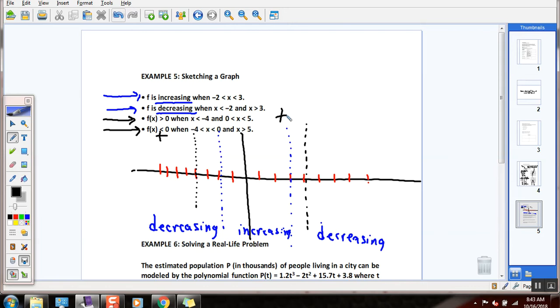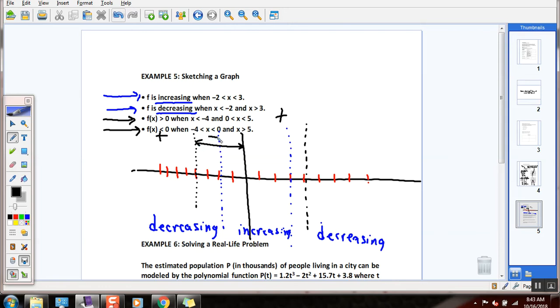Then between -4 and 0, the graph moves to be f of x less than 0, meaning in between the two black dotted lines, we've got negative values. So I'm just going to do this here quickly. Between -4 and 0, we're going to have negative values.